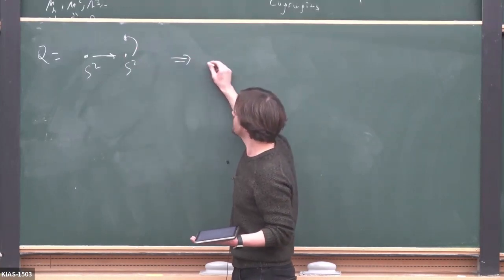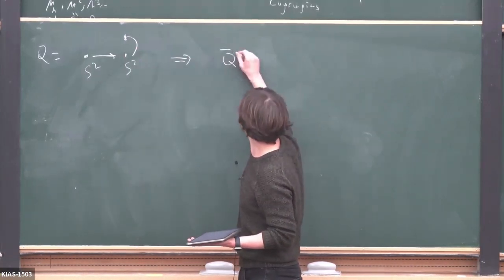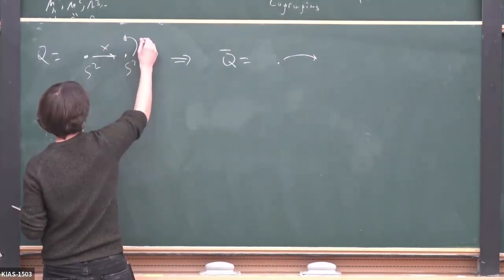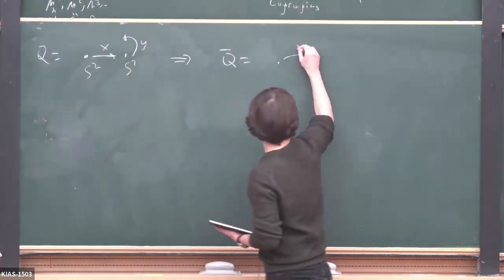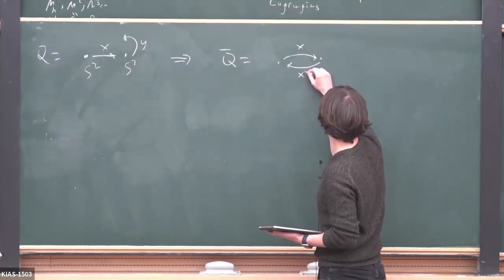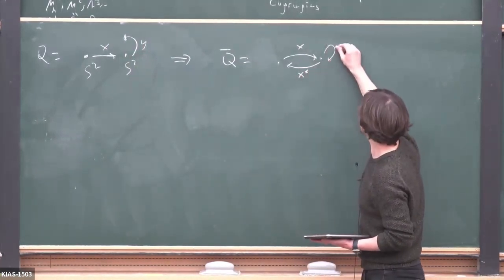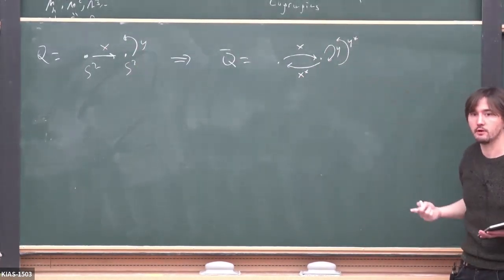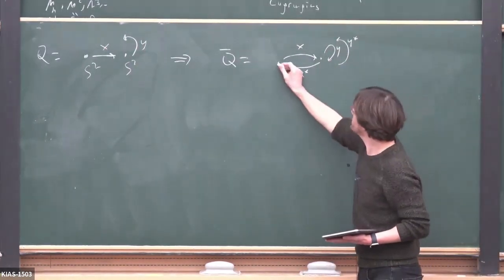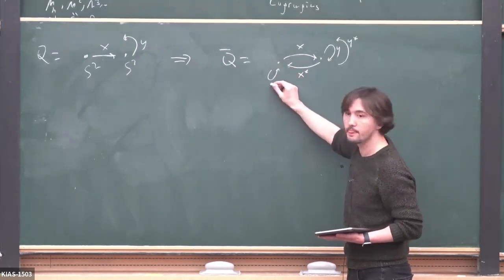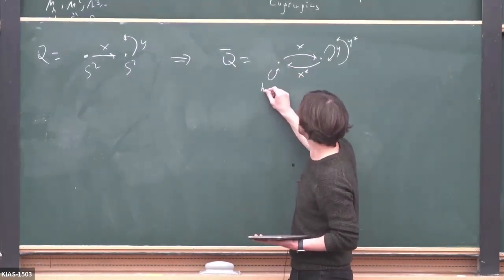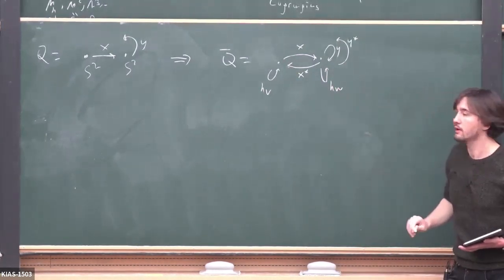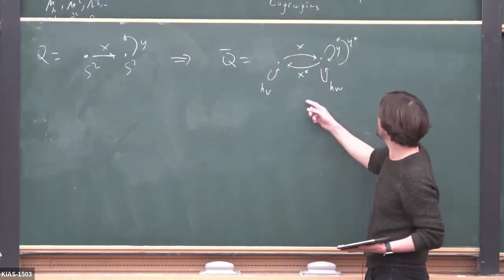So you double this quiver, which means for each arrow, let's say x and y, you add a reverse arrow, and for each y, you add a reverse arrow, double that quiver, and for each vertex, you add a loop. Let's say this is vertex h, one more loop, hw.